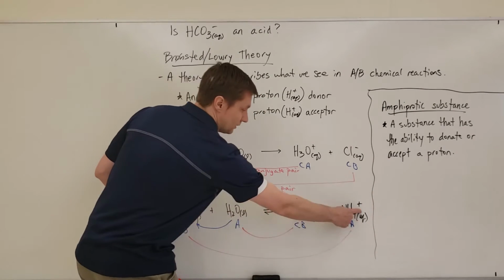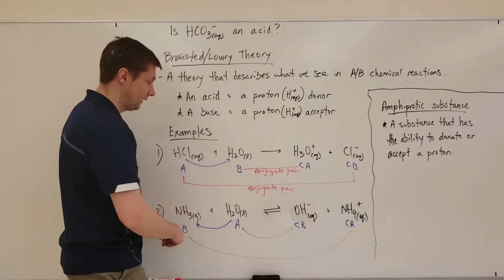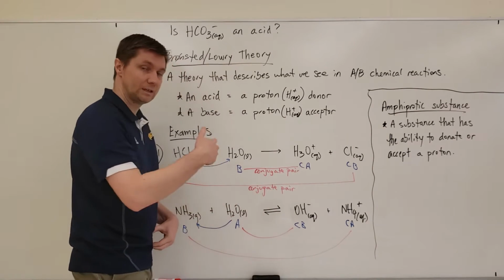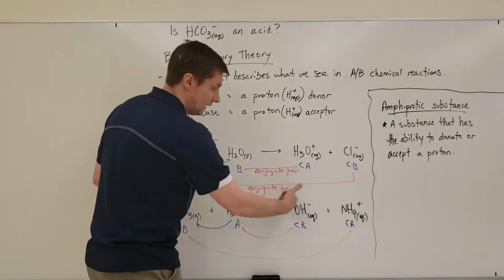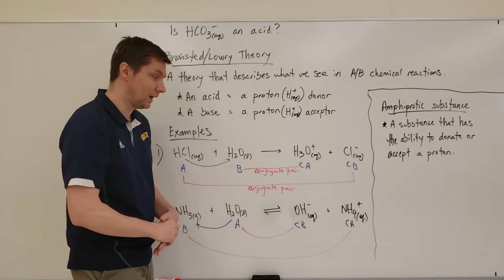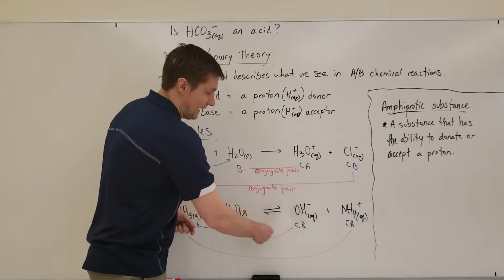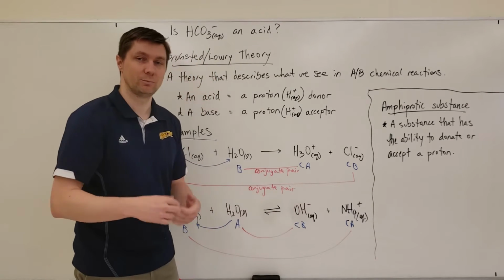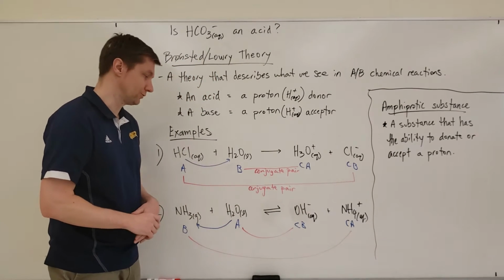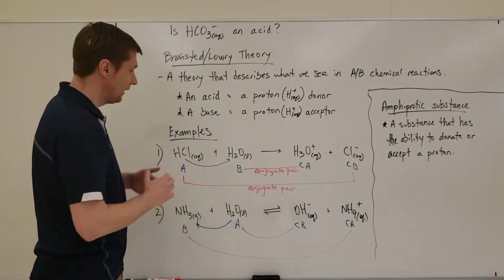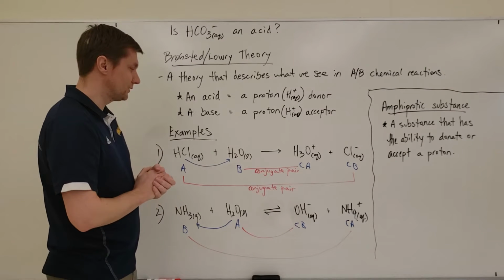These two things are the conjugate pair. Water, because it donated a proton, became OH minus, the hydroxide ion, and so this is the conjugate base. This acid conjugate base relationship is the conjugate pair for those two. And that's what you need to know as it relates to that.